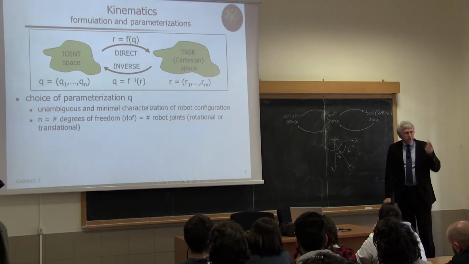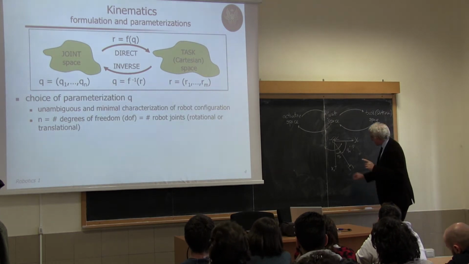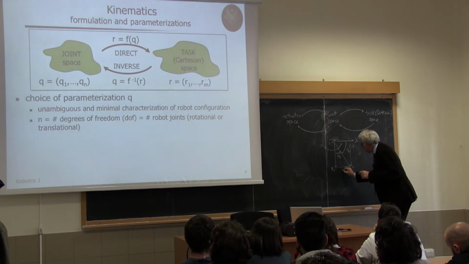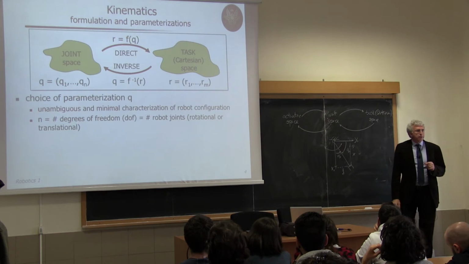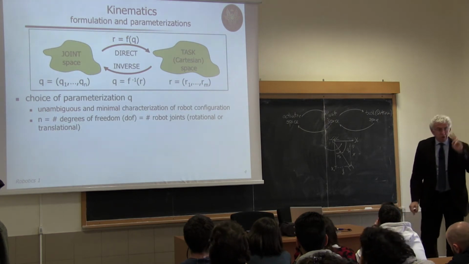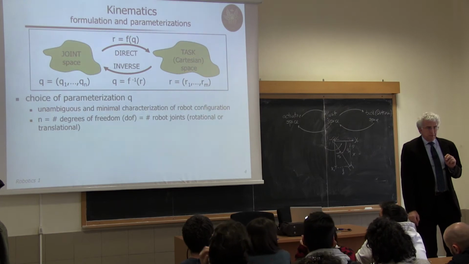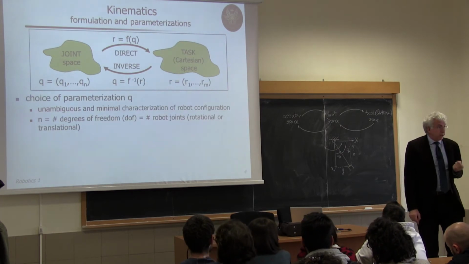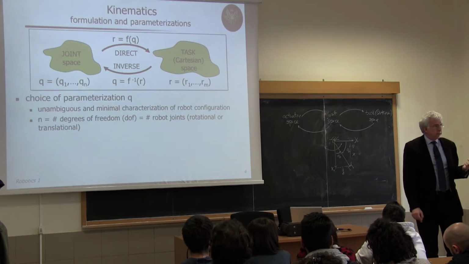Why not? No, just 1. Okay? But can I use, for instance, these two variables, x and y? So I'm using 2 coordinates for telling where this robot is, where the end effector is, in fact. It seems even better because I know directly where the end effector is.